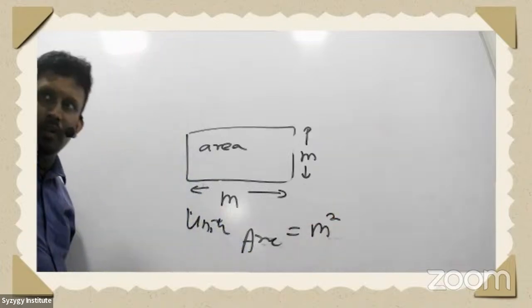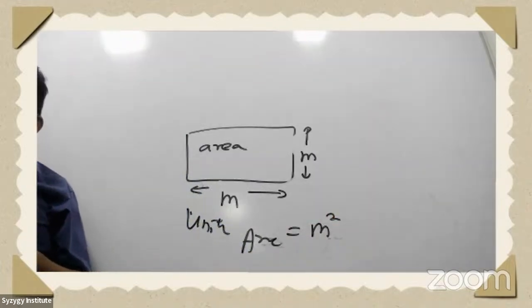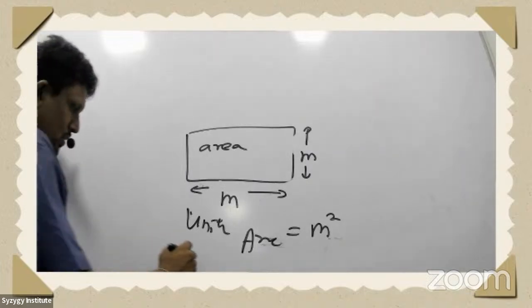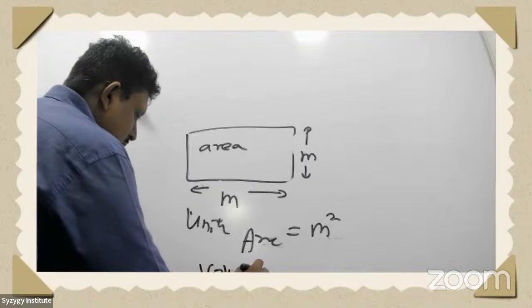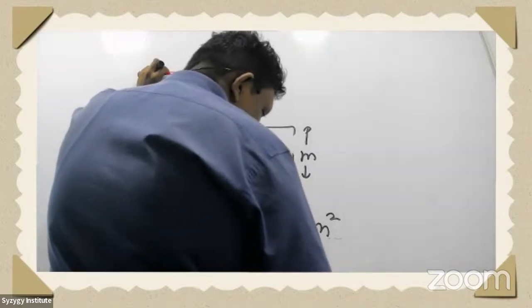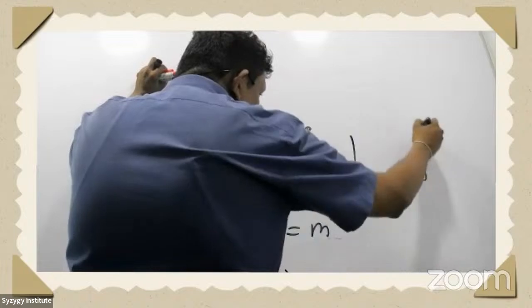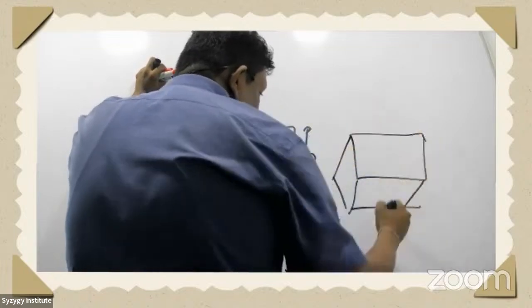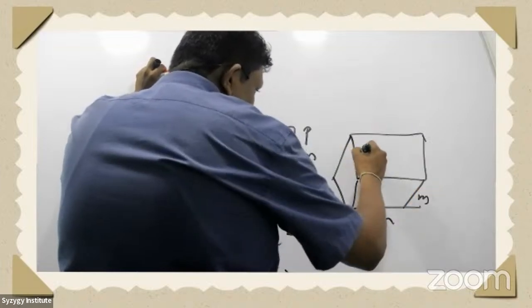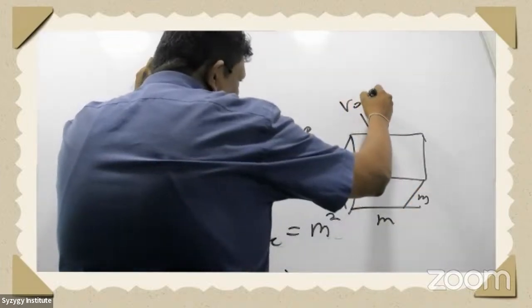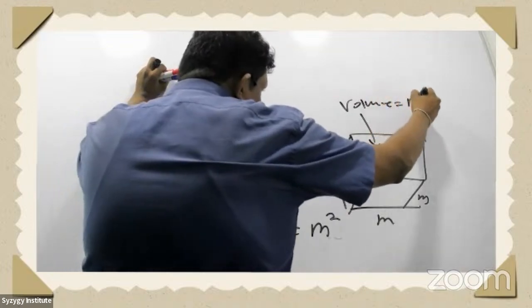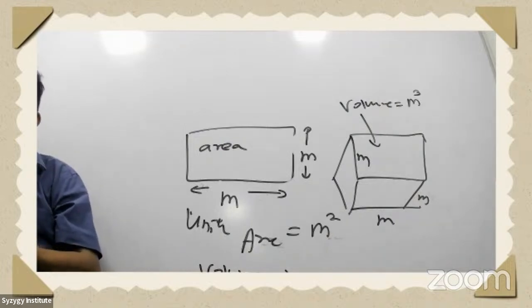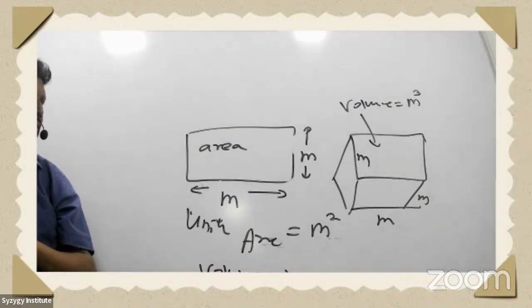Then the unit of volume: meters, meters, and meters. You can write the unit of volume as m cube. Is it clear?